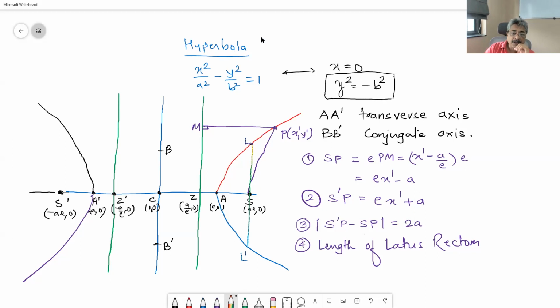This is your latus rectum LL dash. How much is the distance LL dash? Everyone can find it out. We will not wait for that.